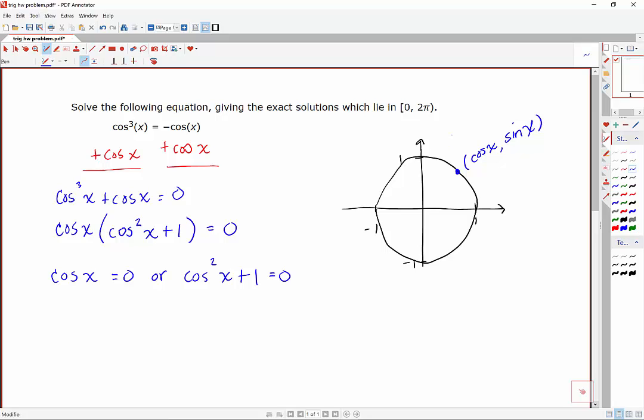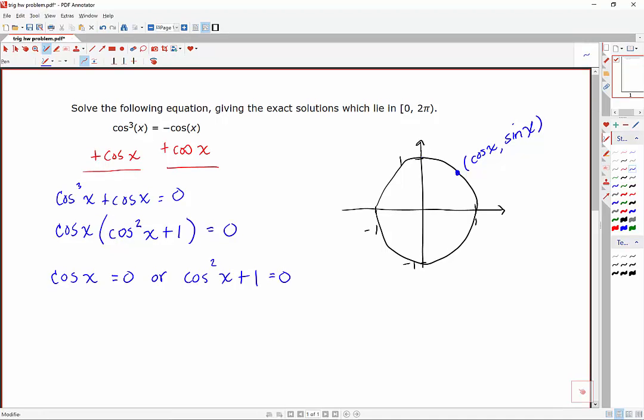Well, when is your x value 0 at the angle? Do you see that this would be the ordered pair 0, 1, and this here would be the ordered pair 0, negative 1?